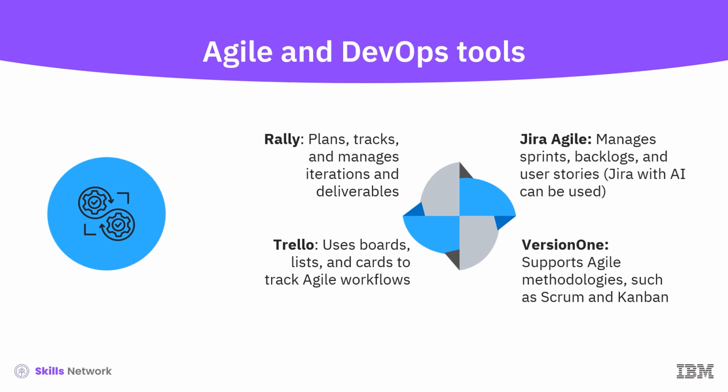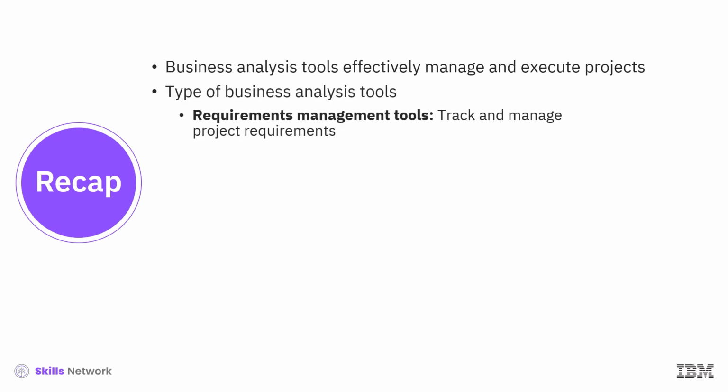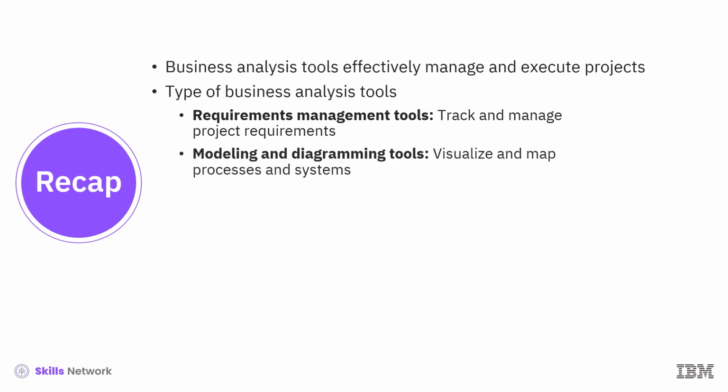In this video, you learned how the different types of business analysis tools are crucial for effectively managing and executing projects. These tools include requirements management tools, which are key for efficiently tracking and managing project requirements. Modeling and diagramming tools, vital for visualizing and mapping processes and systems.